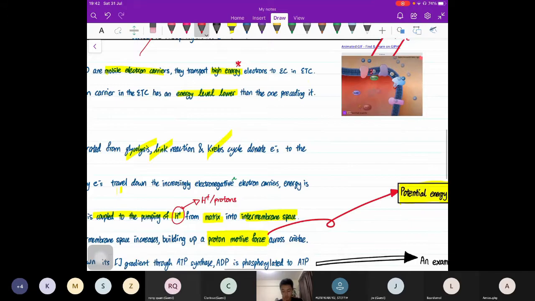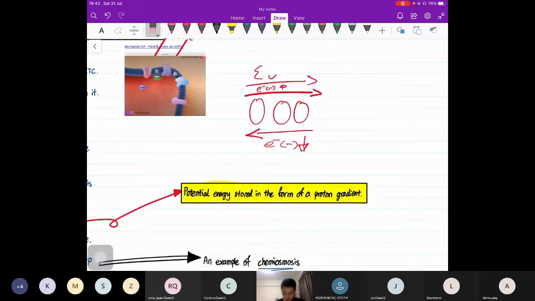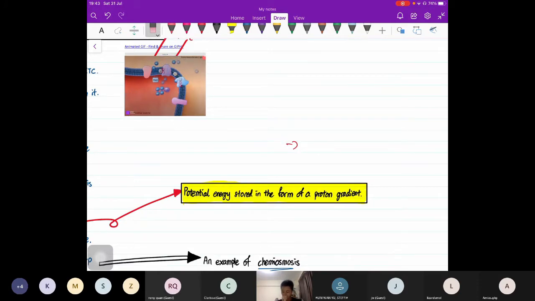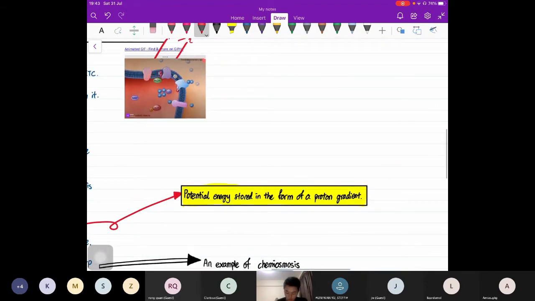So what is a proton motive force? Your proton motive force is just potential energy. Potential energy stored in the form of a proton gradient. Because just now, let's say this is the cristae, then this is your matrix, and this is your intermembrane space.